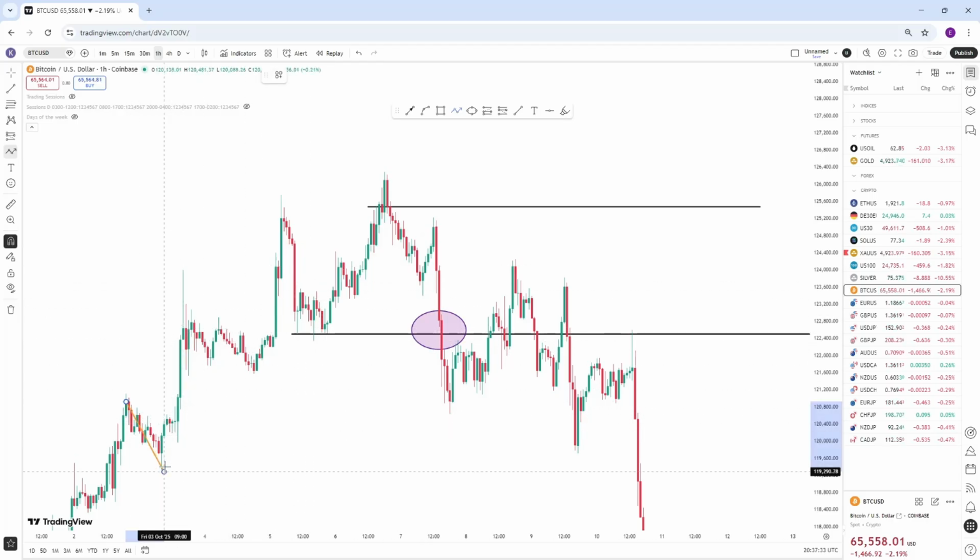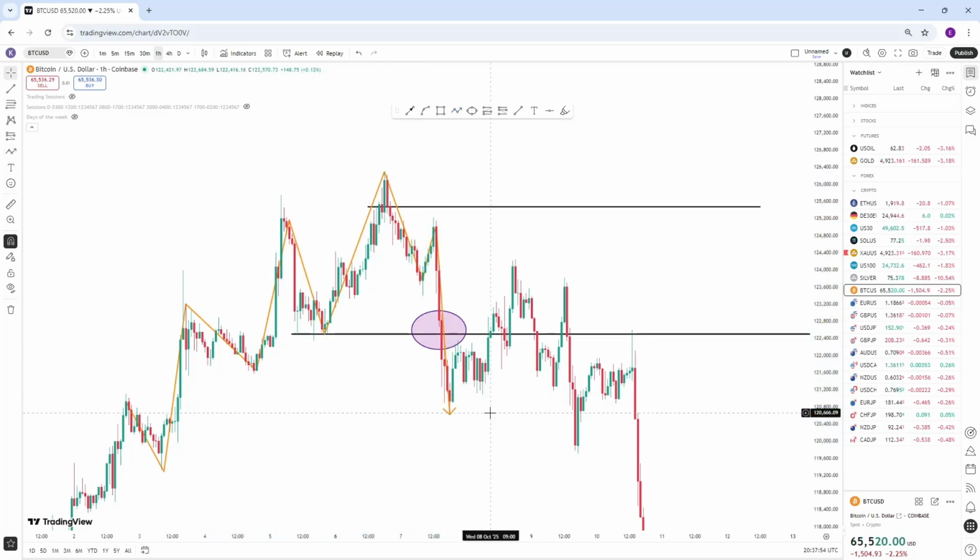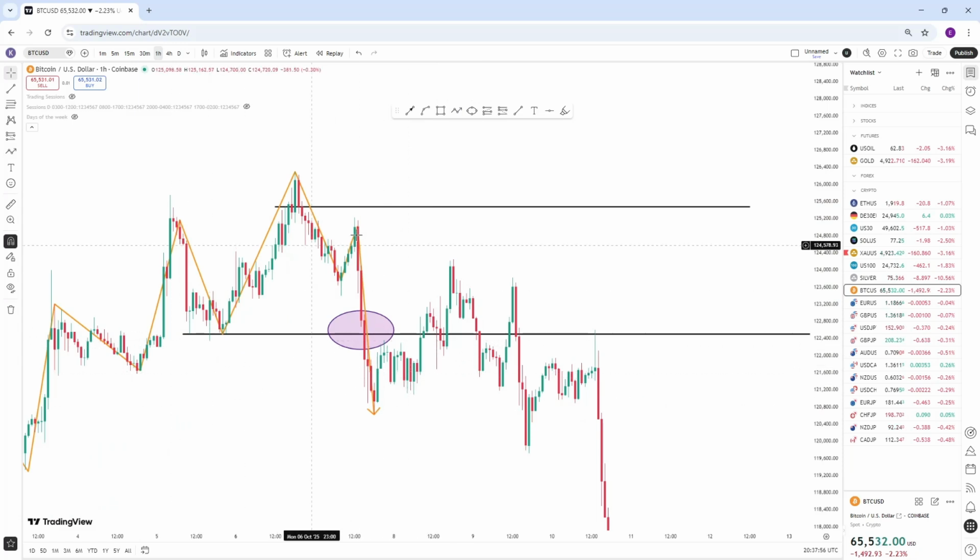From here, the market was bullish, right? You can see high low, high high, high low. Then the market made a lower high. It failed to break this level, right? So what happened next? It made a lower low, breaking this previous low.